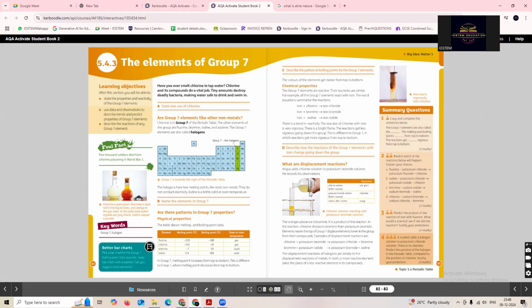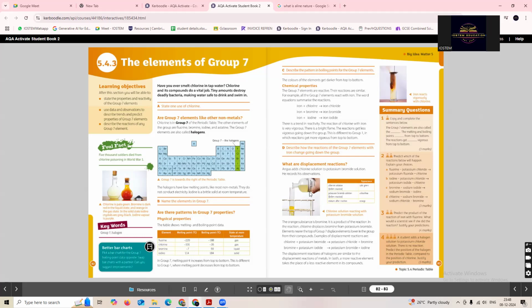They have a very low melting point. All non-metals have a low melting point.